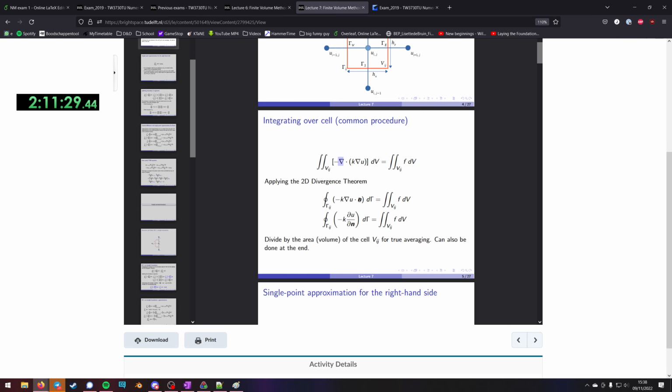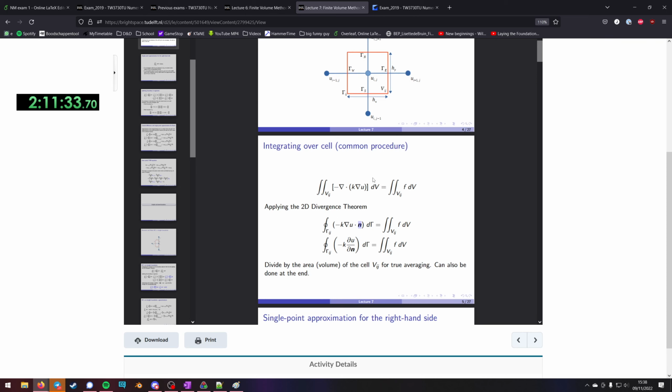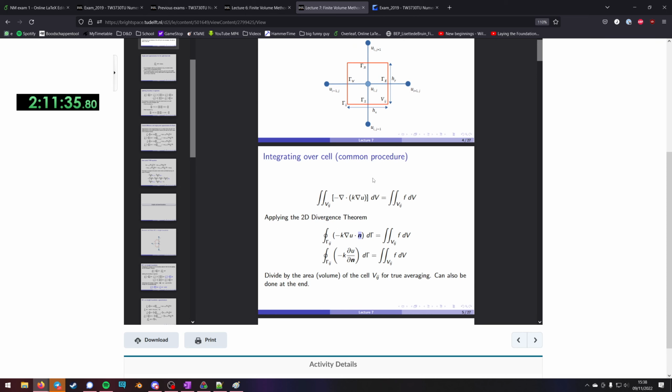Why is the normal here? That's kind of my question, if they apply the 2D divergence theorem. I think just for the sign also, depending, but it's going to be negative anyway.